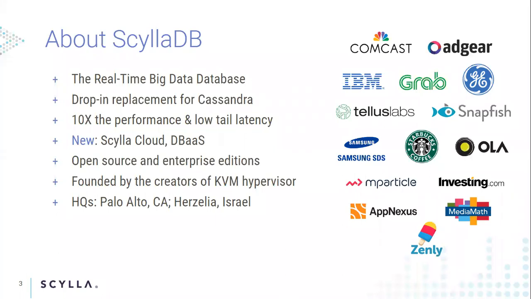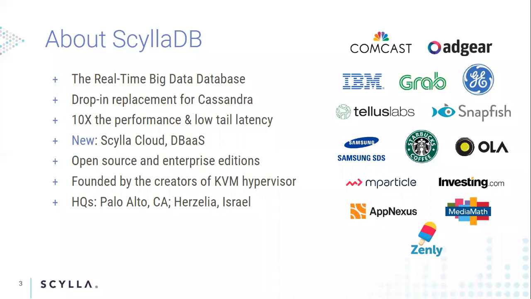Usually we provide 10x the performance, a mixture of throughput and latency. You can consume Scylla as open source, as an enterprise offering, and recently, relatively new, earlier this year, we published Scylla Cloud, a database as a service. And we have plenty of good customers and users, and plenty of great data and use cases on our website.